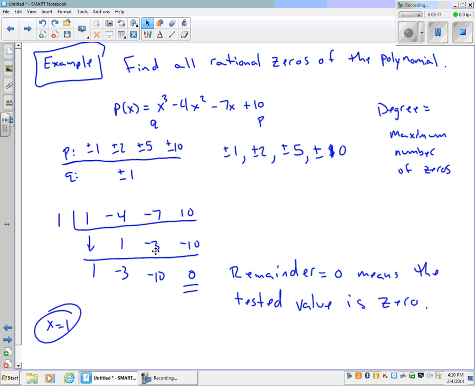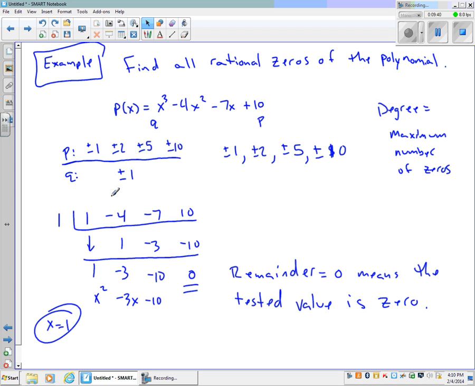You can do that, but the easiest thing now is to grab the polynomial you have here, and that's going to be x squared, because you decrease the exponent from the original polynomial down by 1. So we have x squared minus 3x minus 10.